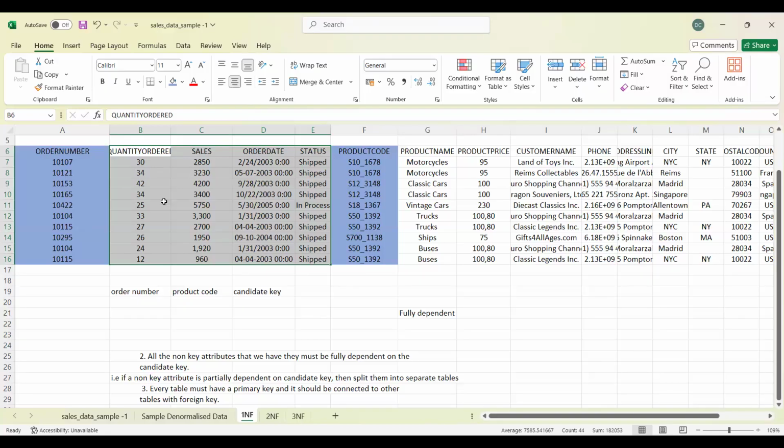So here I'm saying all the non-key columns. Obviously, this data belongs to the orders table. These columns are depending on order number only. It is not depending on the product code.